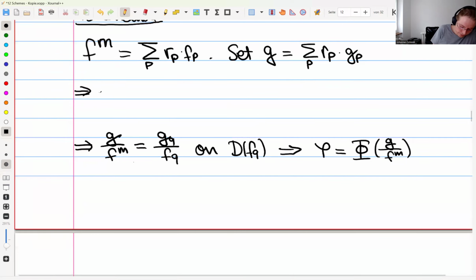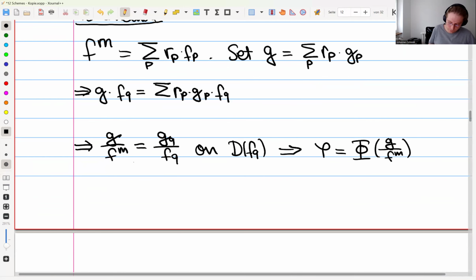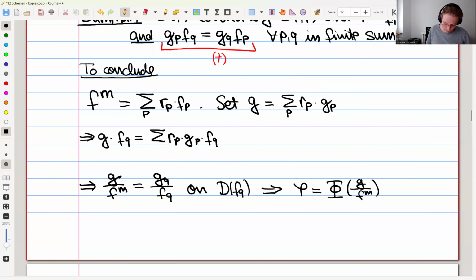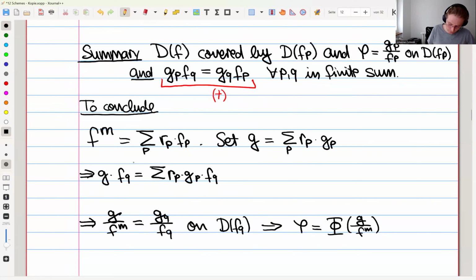So if we take g times fq, then we insert the definition of g, and now we can apply this thing here, and we get gp times fq is equal to gq times fp.